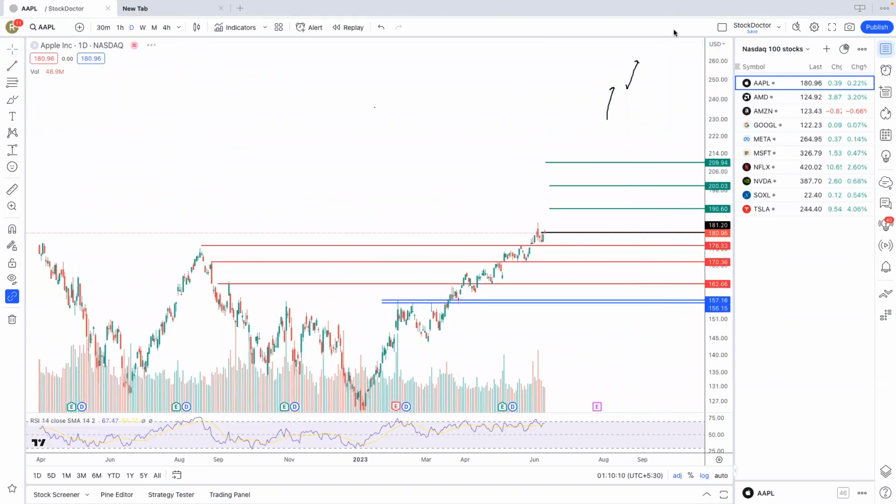You can see here. And where is the downside in Apple? The downside will prevail once it starts trading below 181, for the targets of 176, 170 and 162. These are the three downside targets.